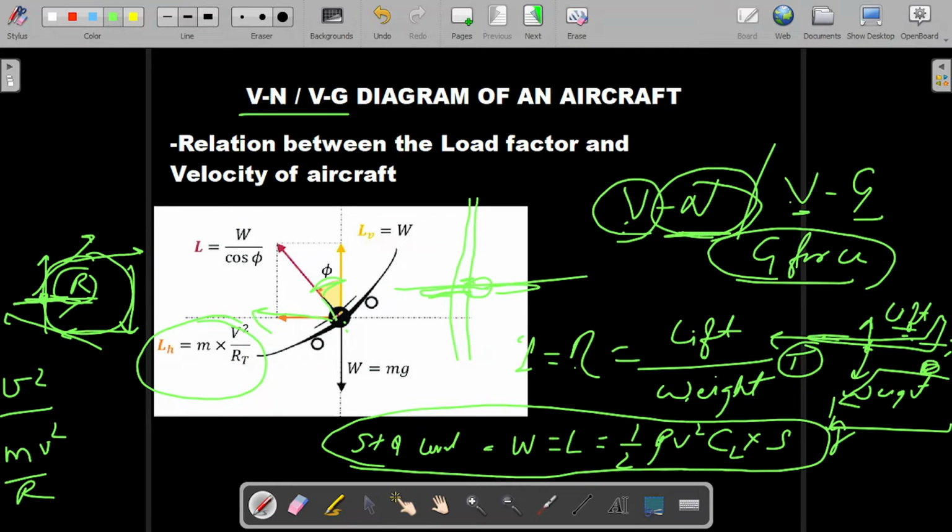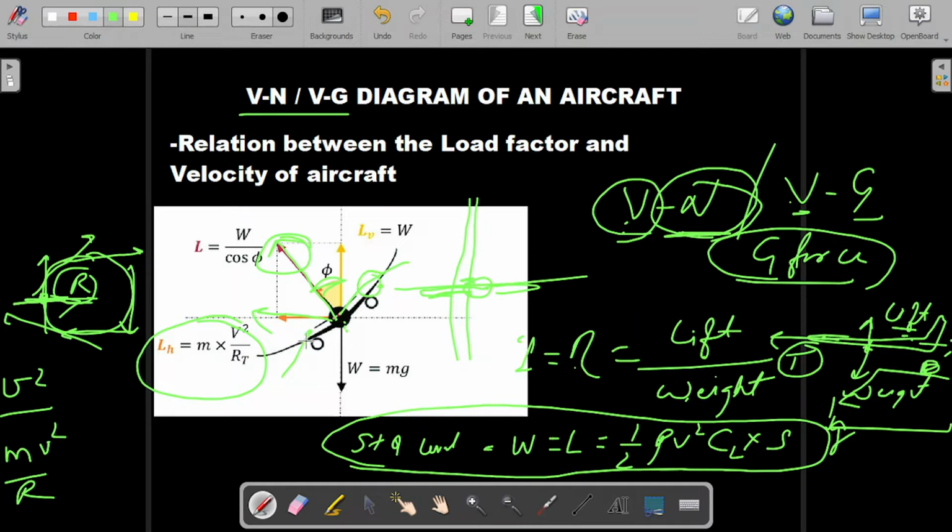This is the lift force I have just drawn. Lift force always acts perpendicular to the relative airflow. The flow is coming from there, and the aircraft is in a banking condition, so lift will always act in this direction, perpendicular to the relative airflow, which is going out from the plane.